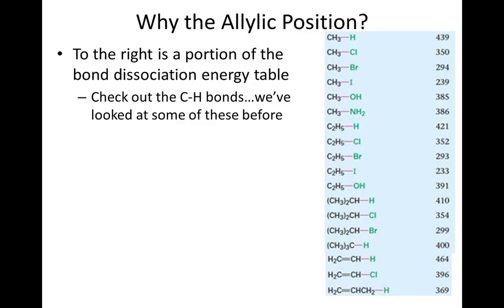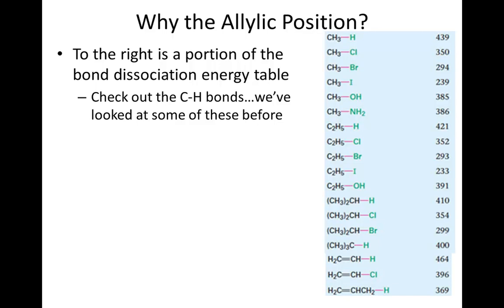And so the next question we want to answer is, what is special about this allylic position? And we have to go again to the table of bond dissociation energies to help answer this question. Now I've taken parts of the bond dissociation energy table and put them together here. So this is not all the same column in the table in the book. It goes down to about here, and then this portion of the table is in another column.